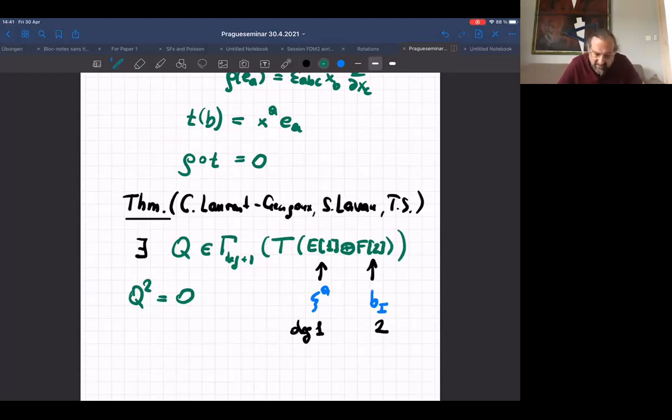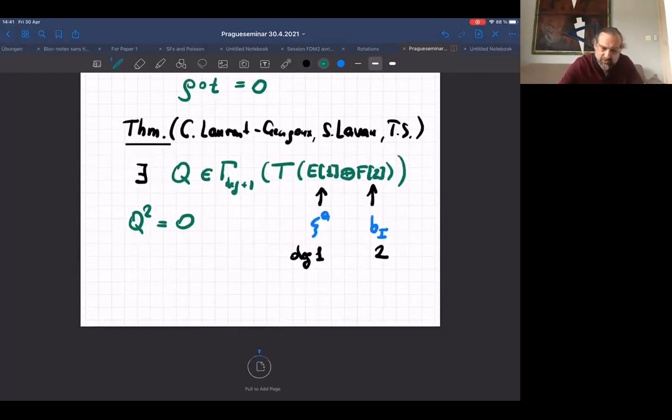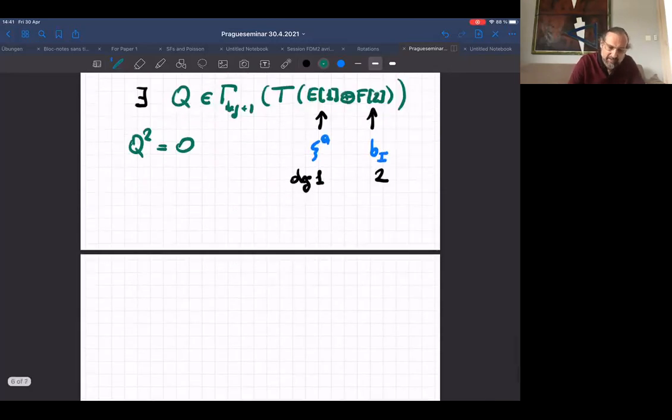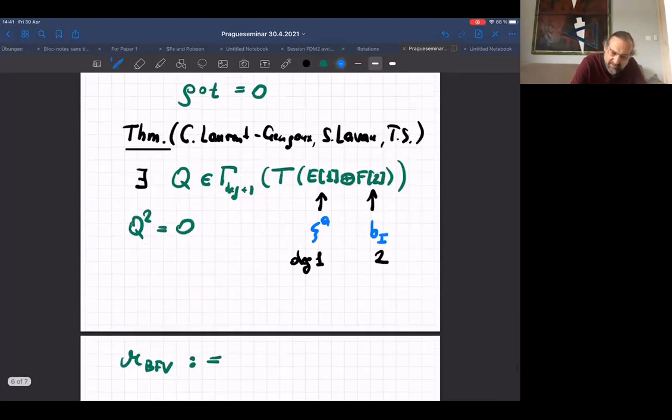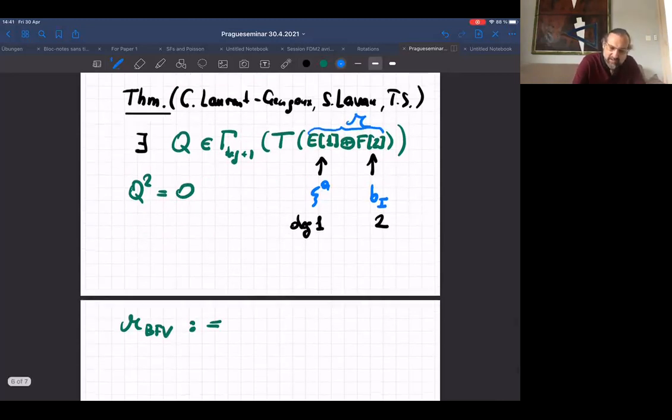Now the idea is to say that, as I mentioned already before, we choose our BFV phase space. Let us call this space here curly M, in the notation before, as the cotangent bundle of M, with M as above.